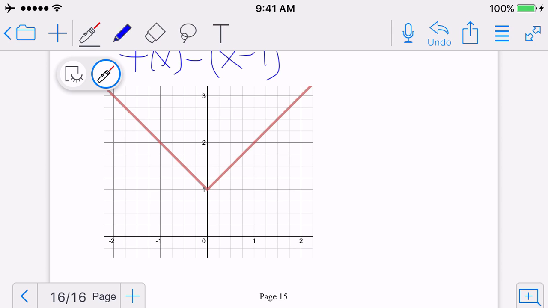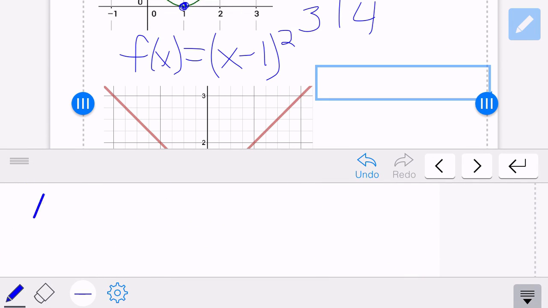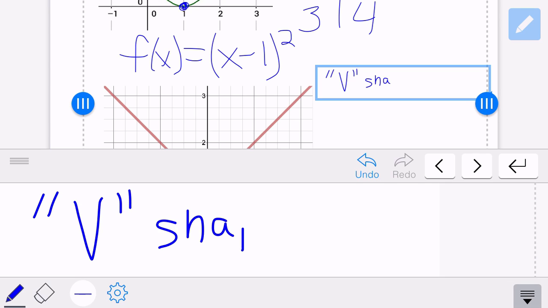Yep, page 11, if you want to go back and take a peek there, we graphed the absolute value function, and that was that V shape. So you might want to go ahead and put a little note in there for that. So a V shape will tell you absolute value.